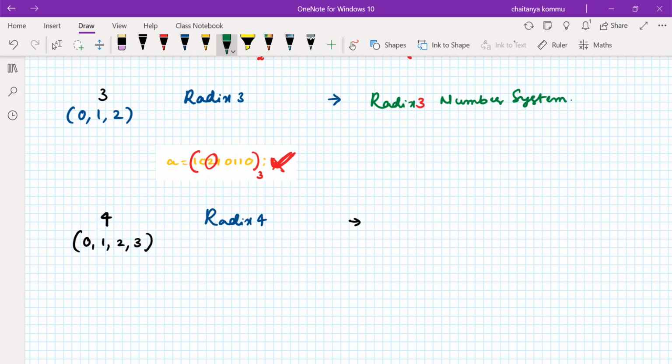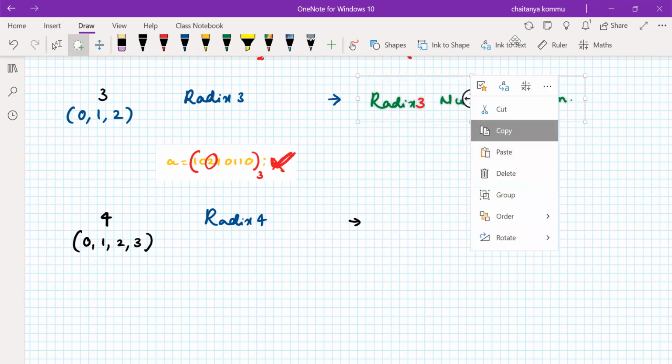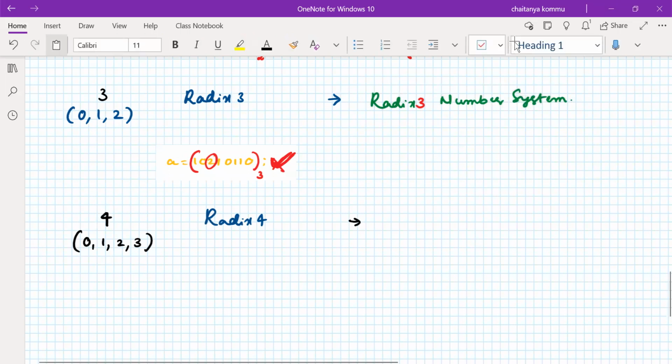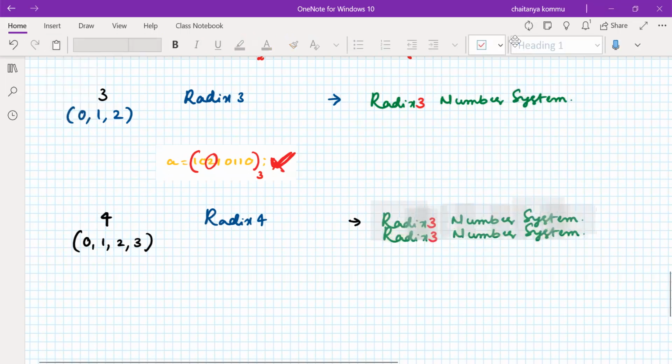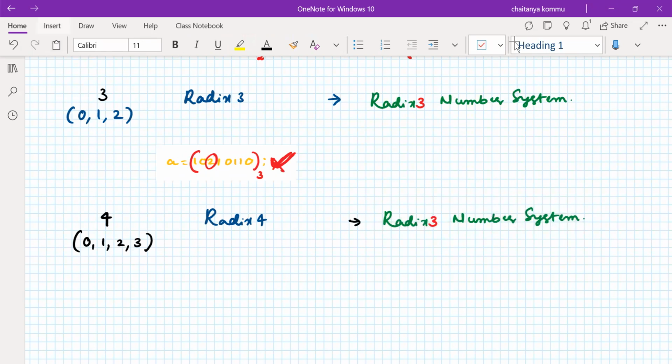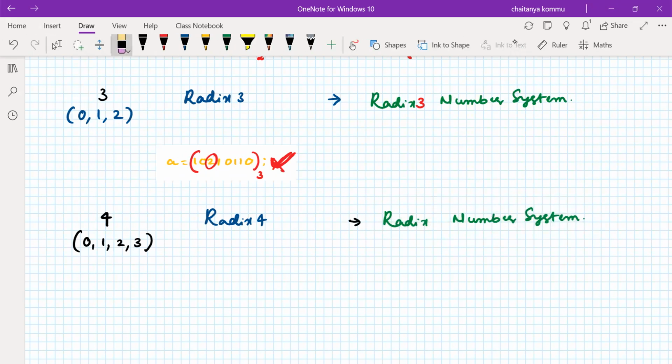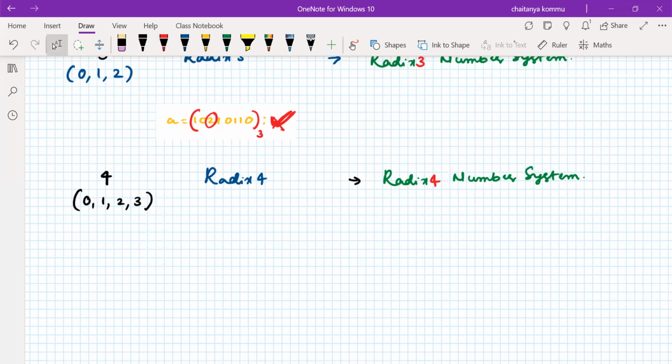Please ask. No, sir. So fine, we can place it here. So it is called a radix 4 number system. Like this, how many radixes can I do here? N number, I can do it here.